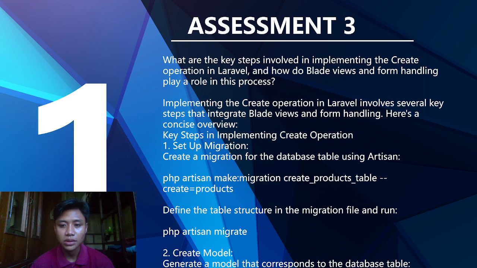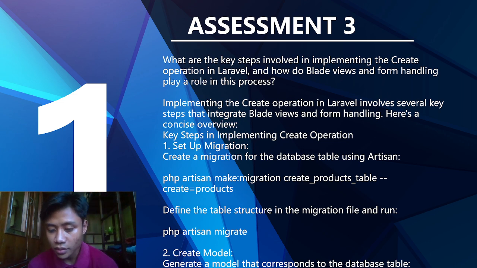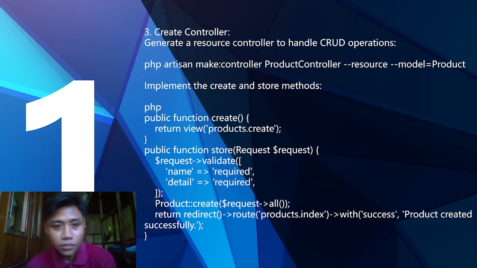implementing the create operation. Number 1 is set up migration. Create a migration for the database using artisan. Define the table structure in the migration file and run it. 2 is create model. 3 is create controller.